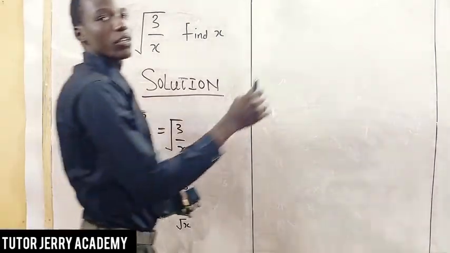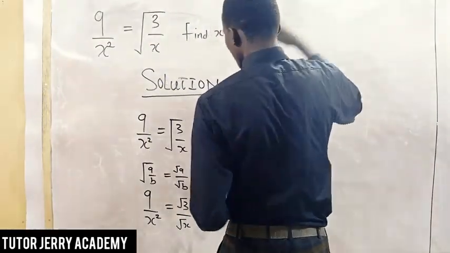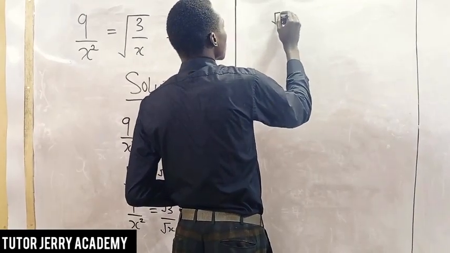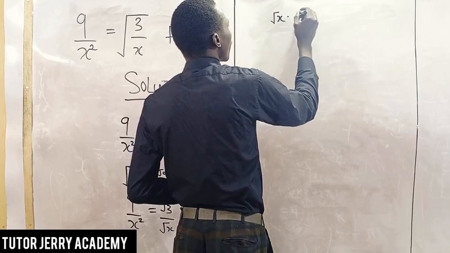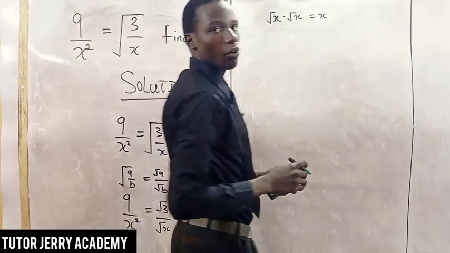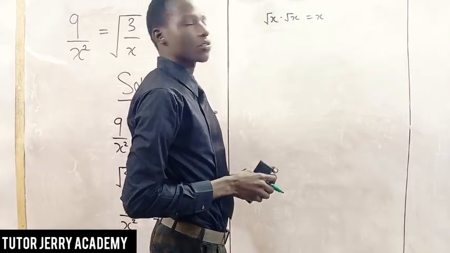So next, we know that the square root of x multiplied by the square root of x equals x from our laws of surds.